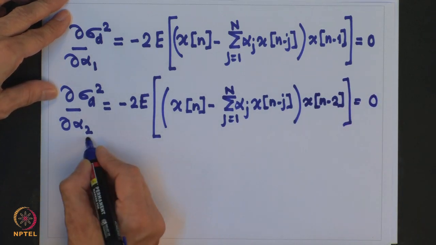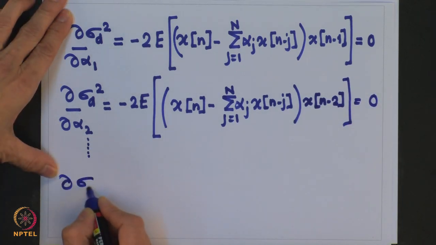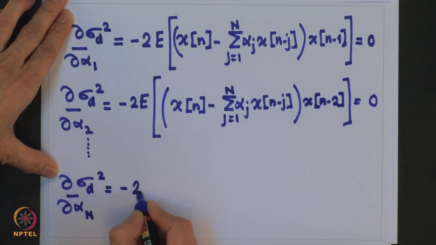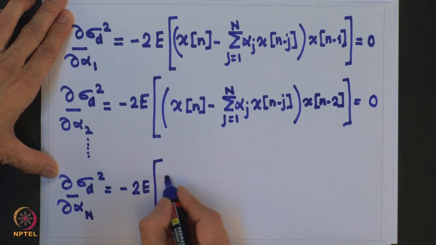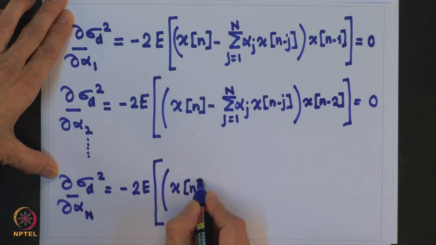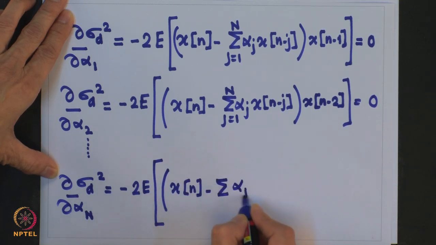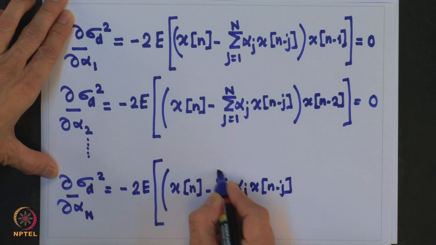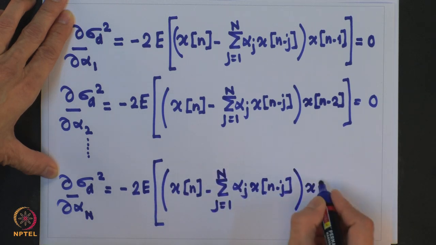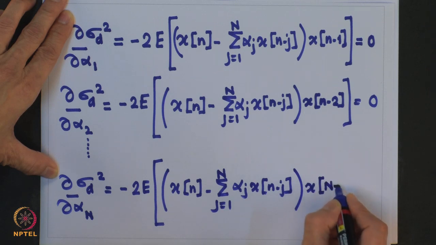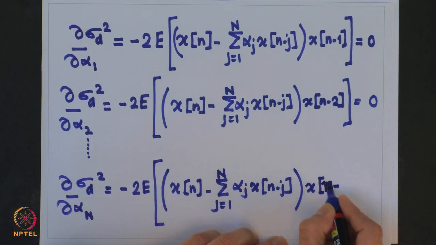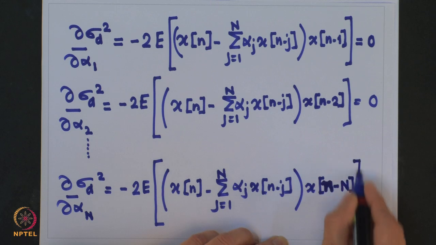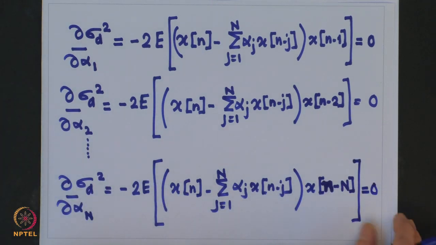This will be equal to 0. So, this way if you proceed, this is the last, this is small n minus capital N, please. This is equal to 0.